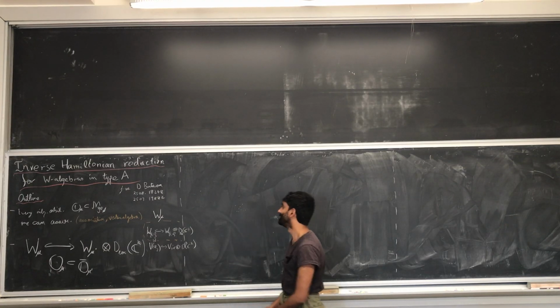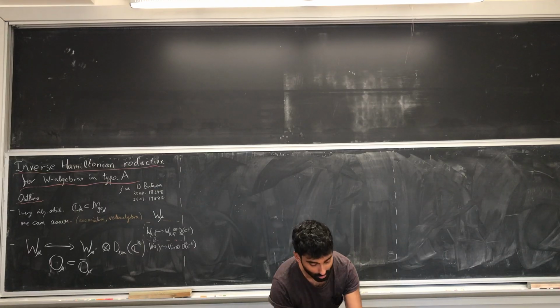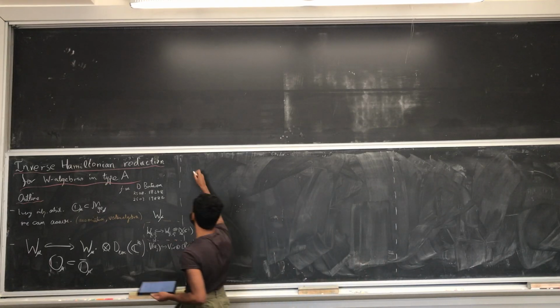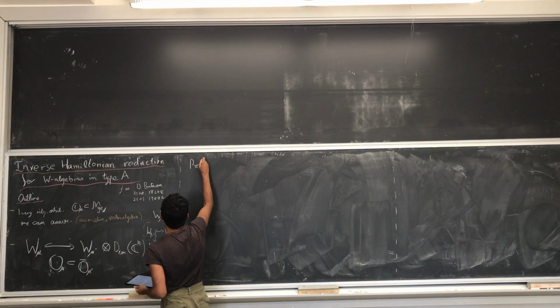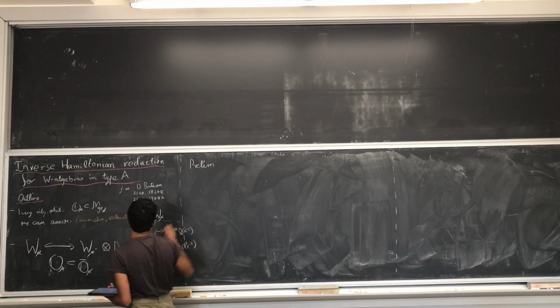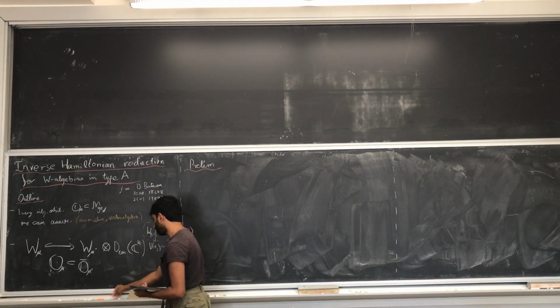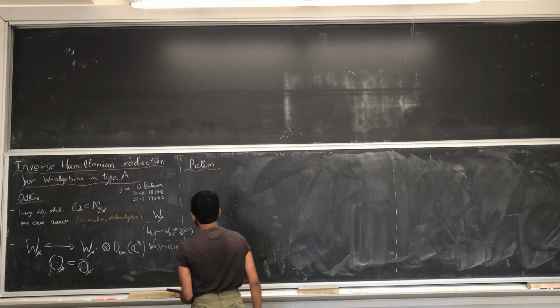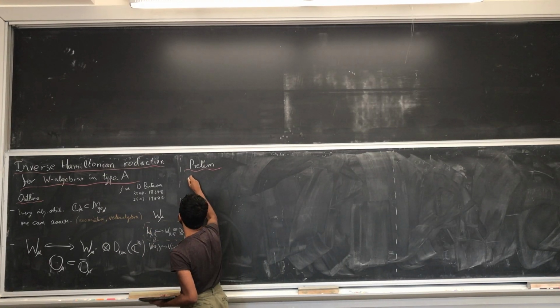Okay, so to start with some preliminaries, to explain a little bit more about what each of these objects are, let's start with talking about nilpotent orbits.